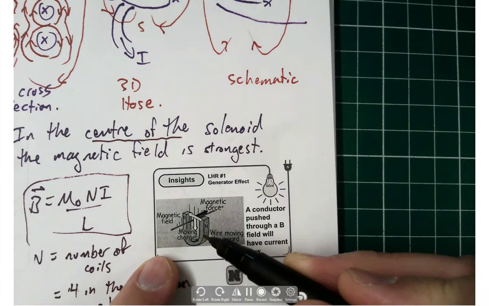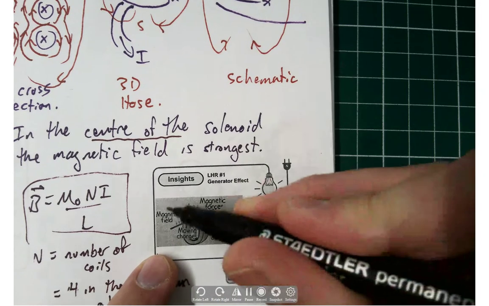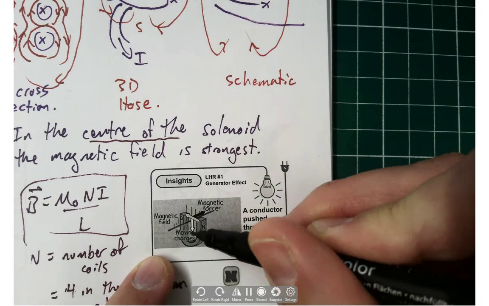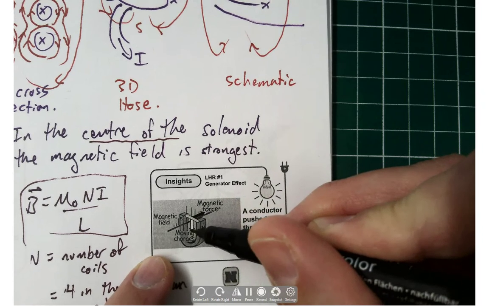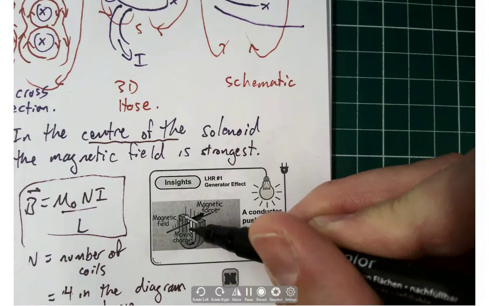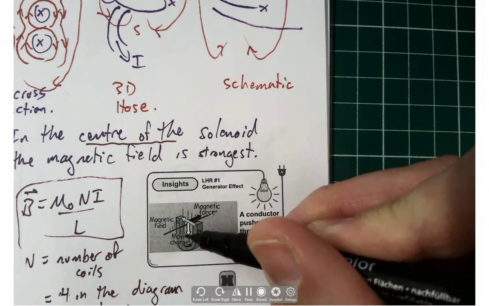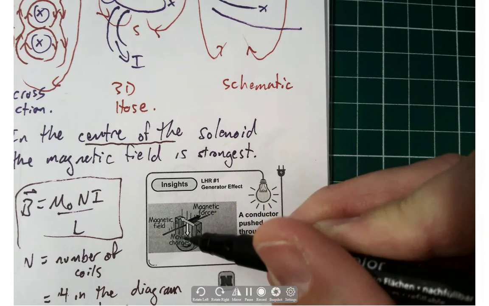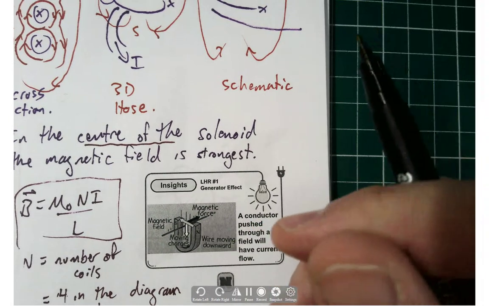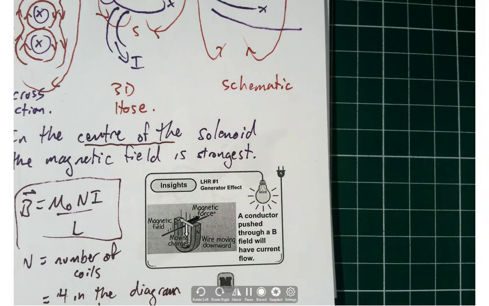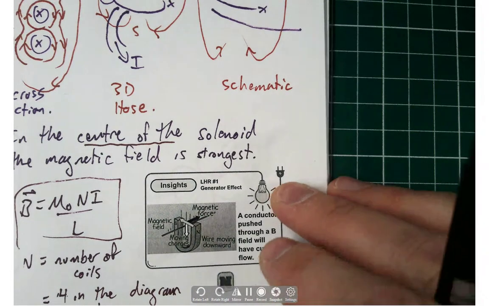But it's also true that if I push a wire through a magnetic field and apply a force vector, then that force vector will interact with the magnetic field vector and produce a current. And so in that way, a single wire and a horseshoe magnet could be a generator. So it's almost an action-reaction pair reversal.